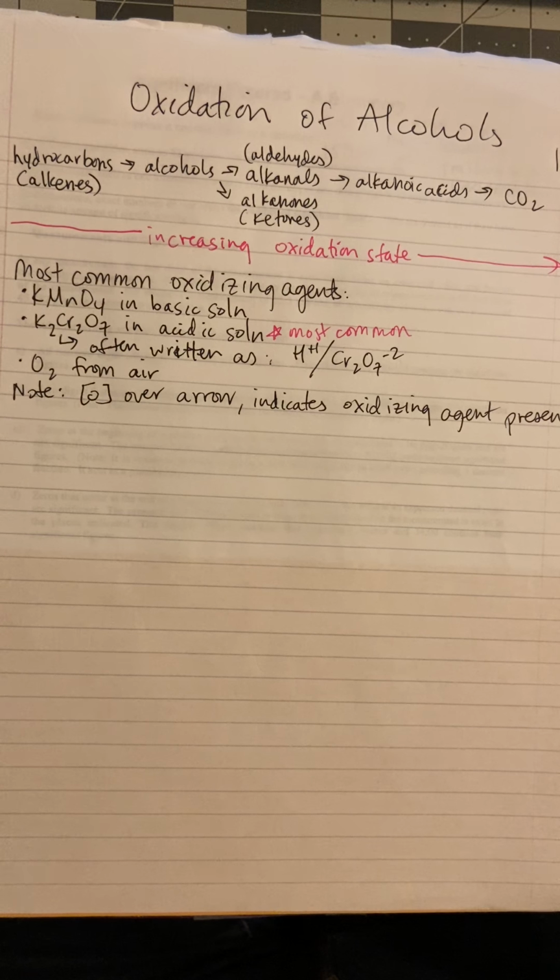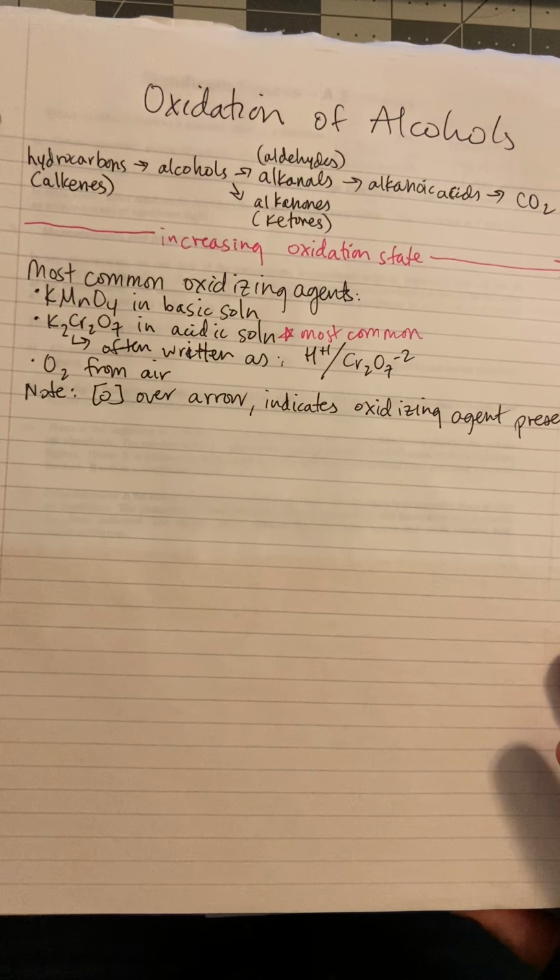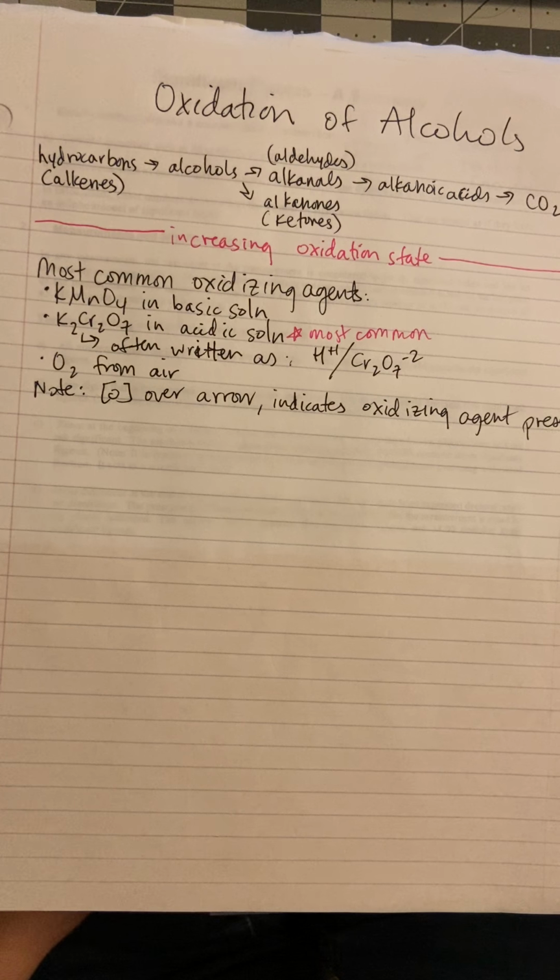So, something we can do to test what type of alcohol a compound is, like let's say you just have the molecular formula, but you don't know what it looks like.